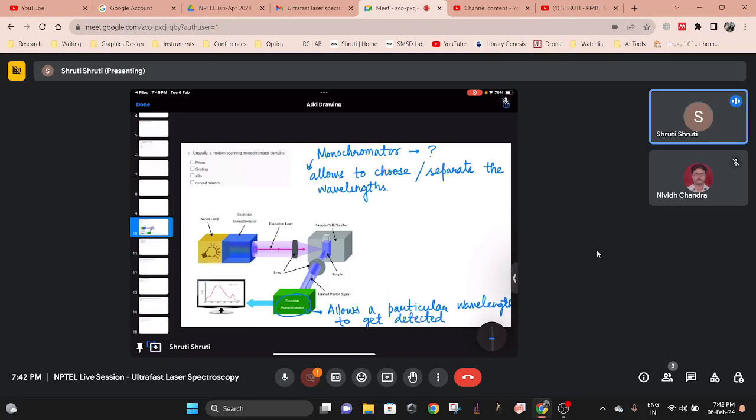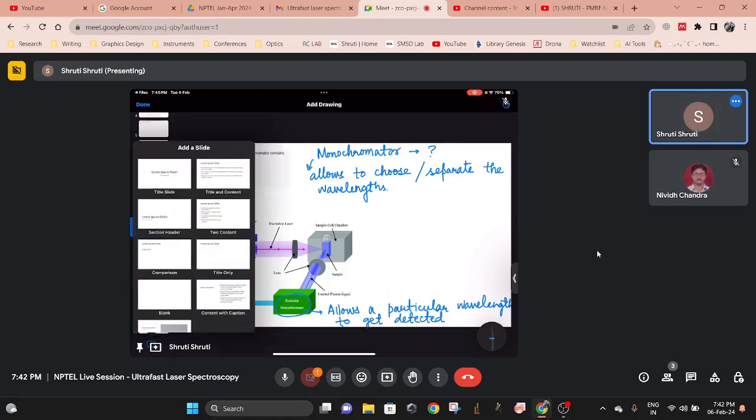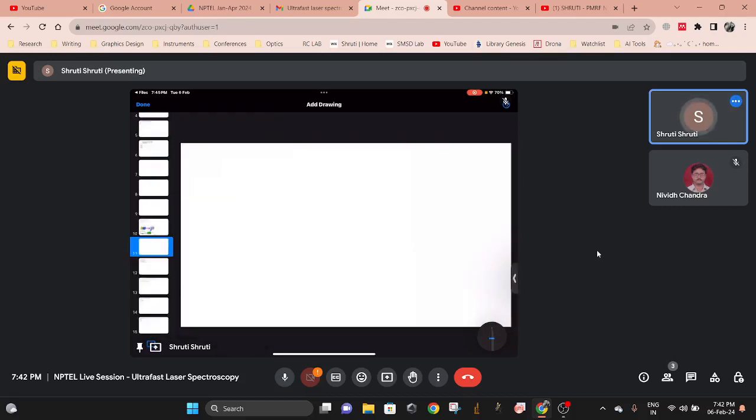So inside the monochromator, what is the device which allows us to choose or to separate the wavelengths? Now, we know from our high school knowledge that a prism, when you shine white light over it, disperses it into 7 different colors, right?